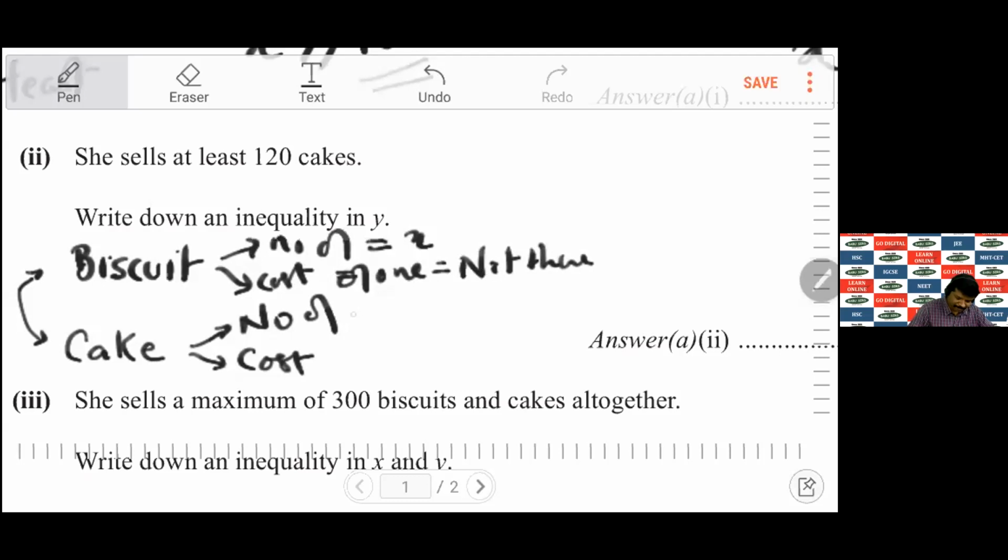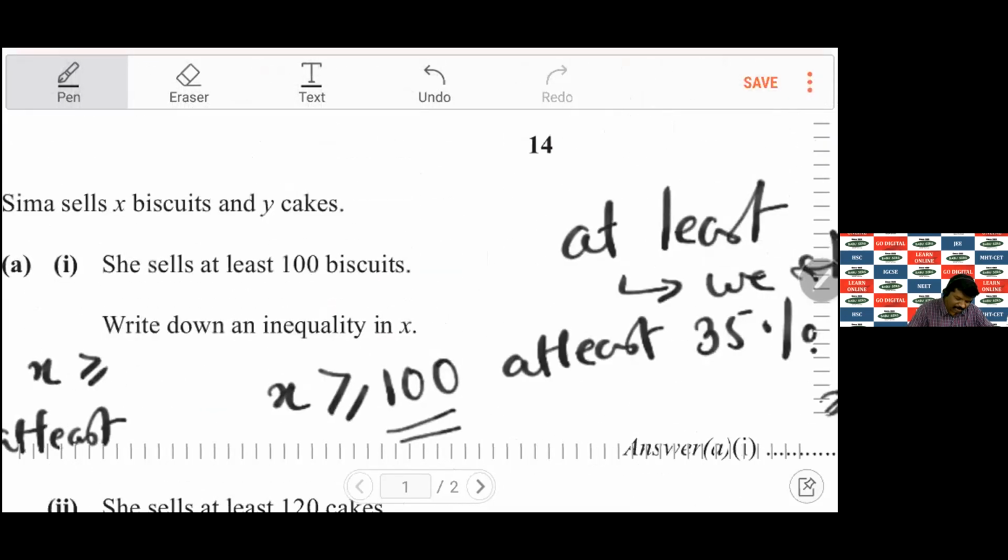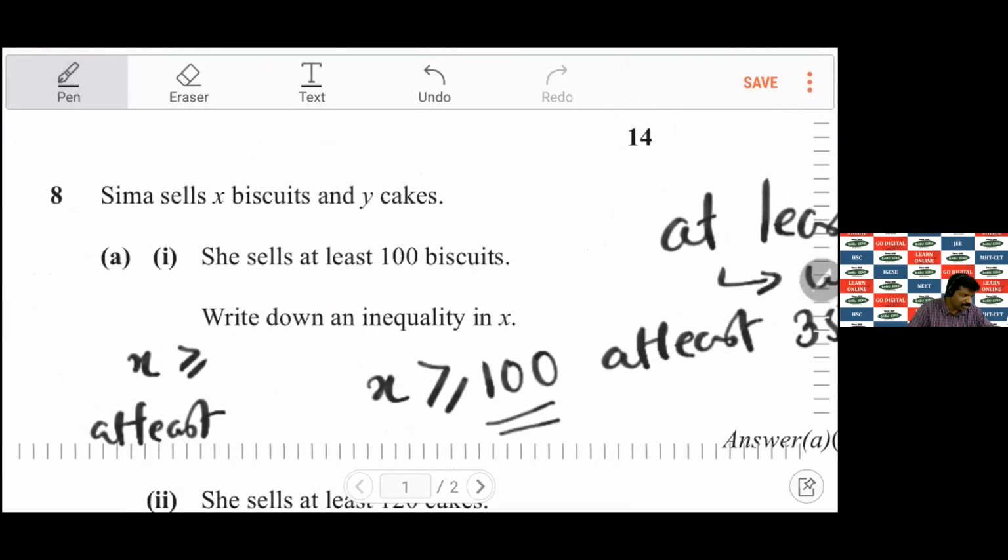Now Rishabh, the number of cakes is how much? Number of cakes is X? Y. Satnam told that biscuit is X, so cake cannot be X. It will be Y. It is given here on the top: Y cakes.